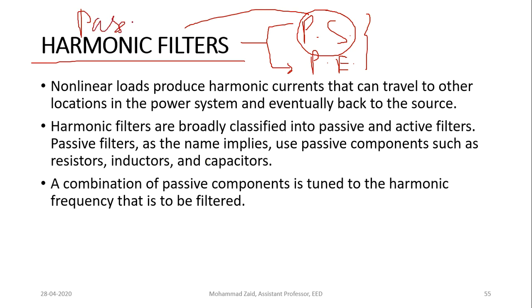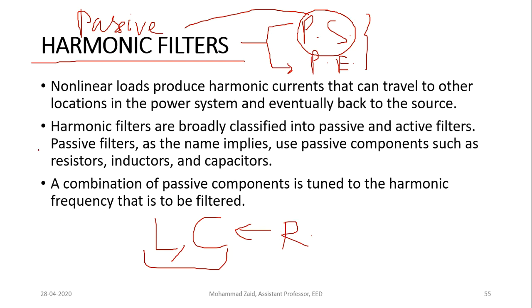Passive means that you are basically using L and C components, inductance and capacitance, with little resistance. That means the filters are predominantly made up of L and C because they are lossless elements, and to increase the damping in the system, R is subsequently introduced.